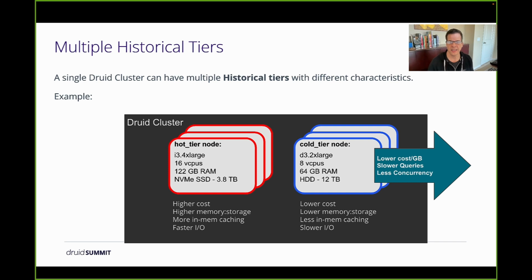So you may have a set of historical nodes that have a lower cost in general because they have fewer CPUs, less memory, and they use hard drives, maybe high storage hard drives, that ultimately give you a ratio of power to storage that is lower than the hot tier. In the hot tier, you have larger servers with more CPUs, more memory, more likely SSDs with less storage. So there's faster I/O. There's more power for the amount of storage available. So these provide faster queries.